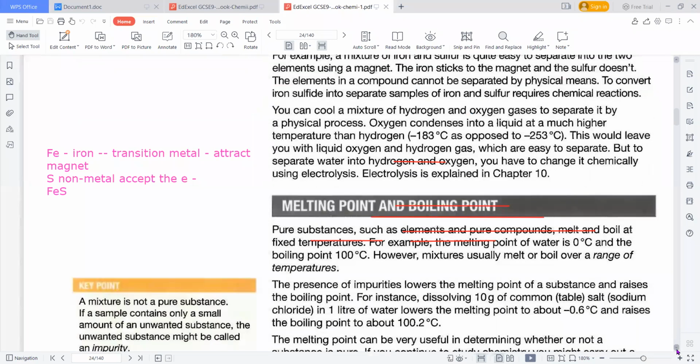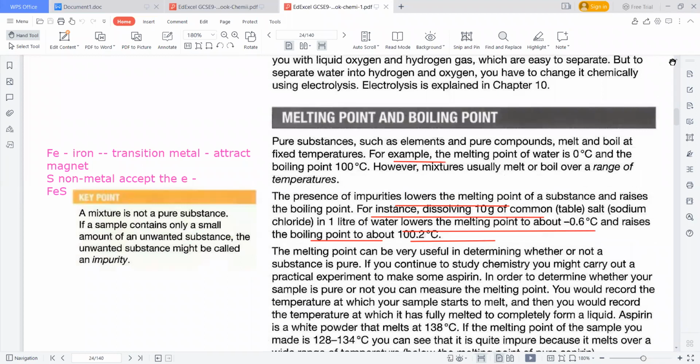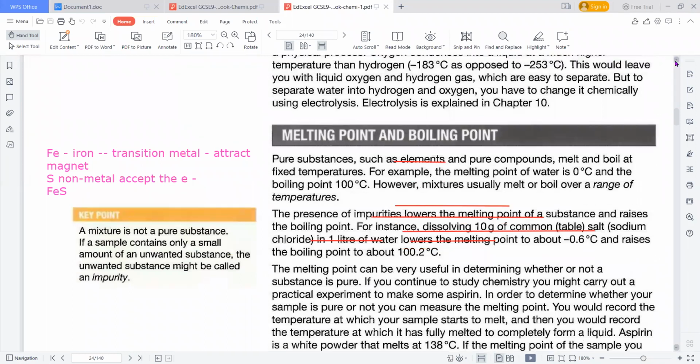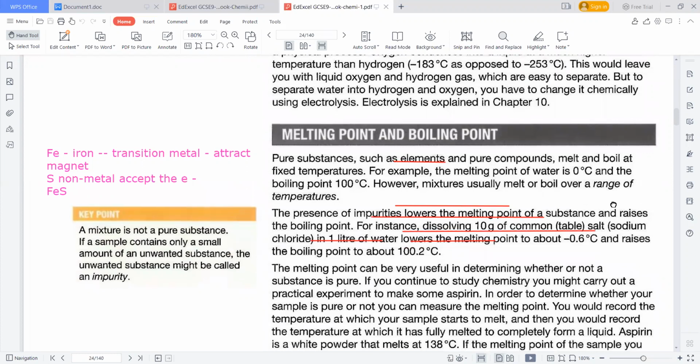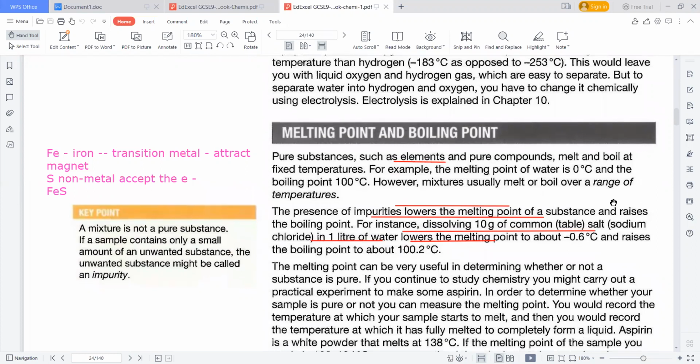The amazing fact of this procedure is that you can simply use melting and boiling points, both to check the purity of a substance and to separate substances. If an element is pure, it is going to boil at its normal boiling point and melt at its fixed temperature.